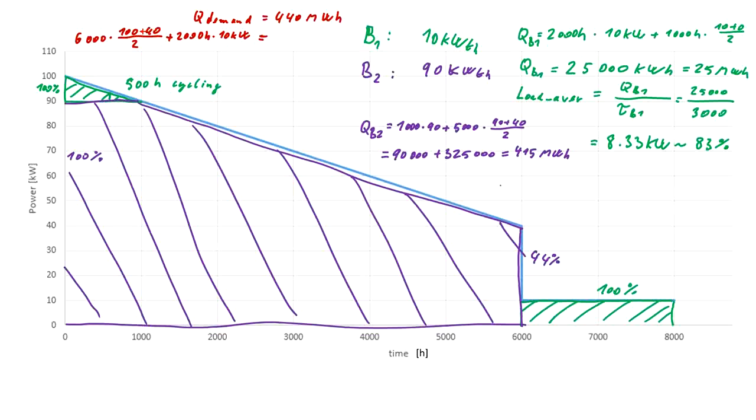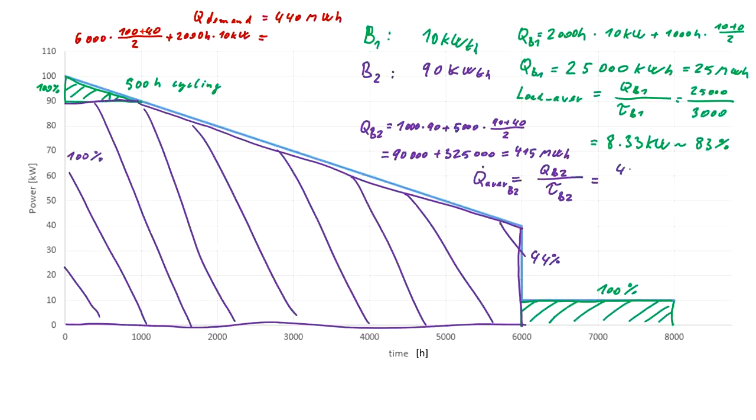And now let's finish this so we can have the average load. We can also mark it like this for the boiler 2. So it's the heat provided by the boiler 2, 415 megawatt hours, divided by the period of the operation of boiler 2.